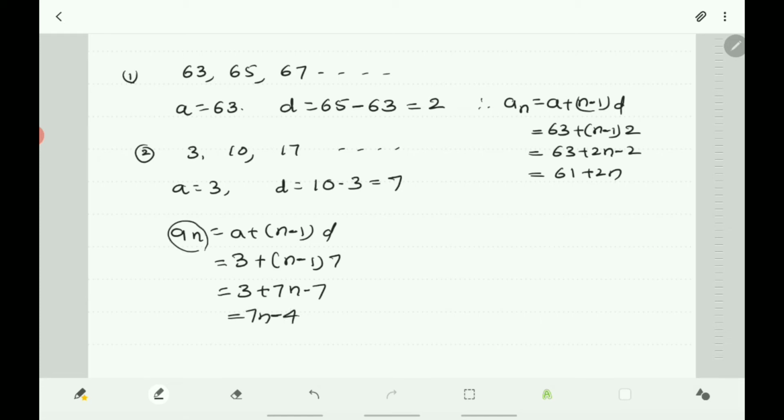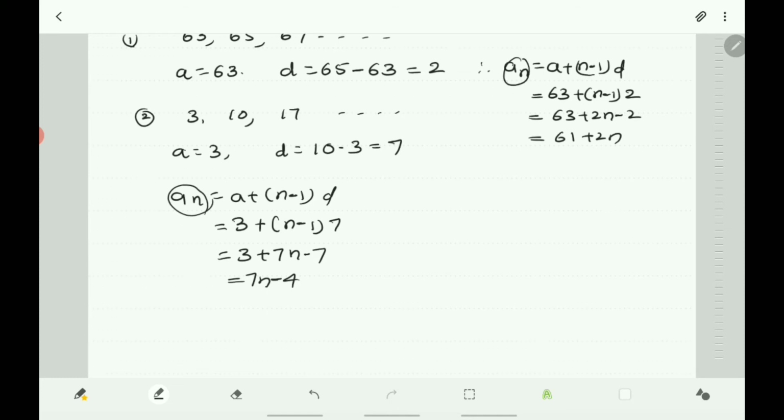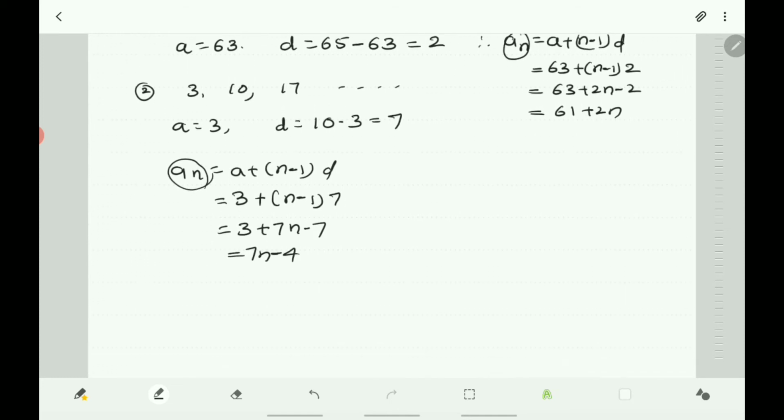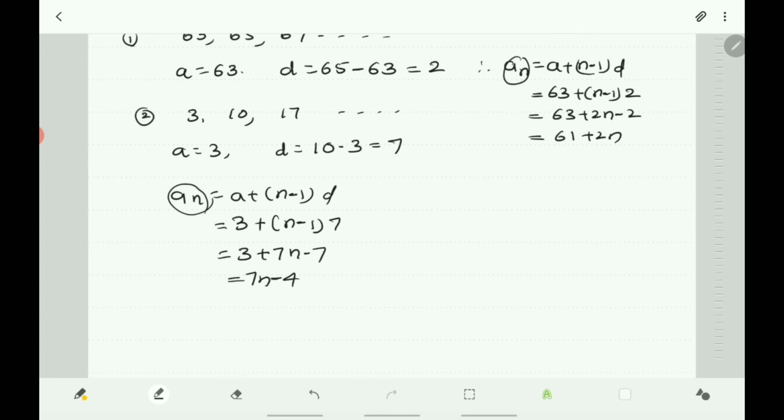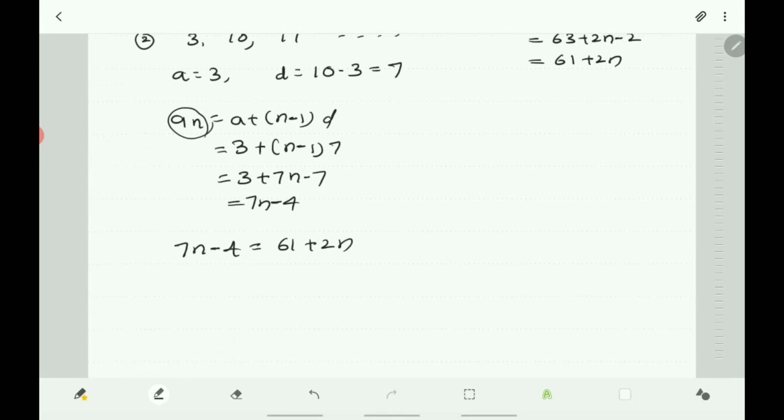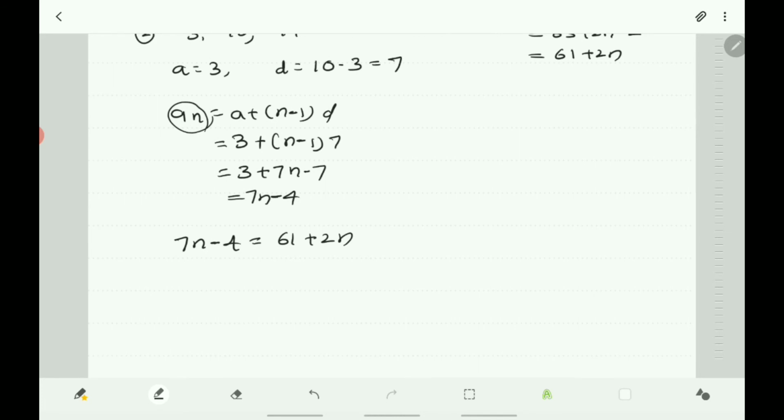And this nth term and this nth term are equal. Let us consider here 7n minus 4 is equal to 61 plus 2n.